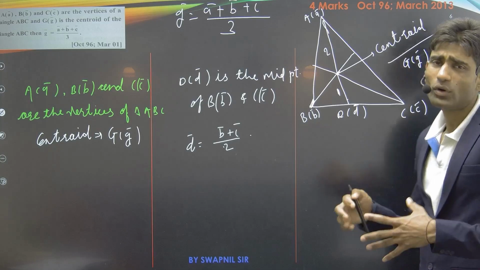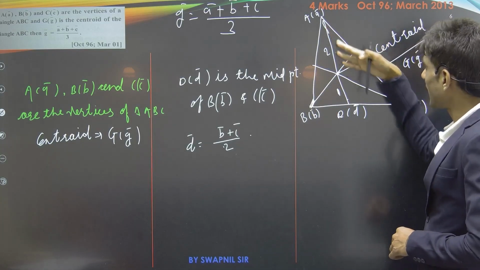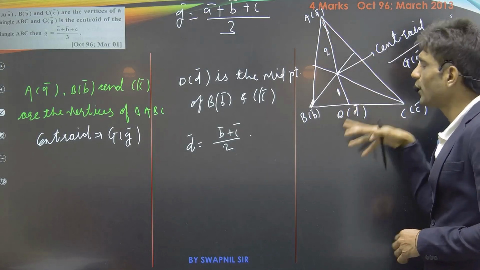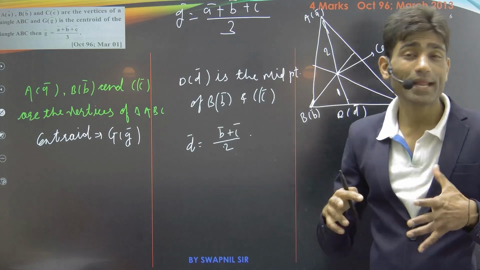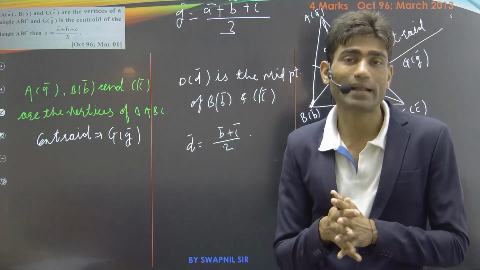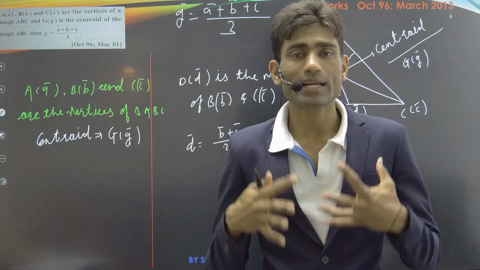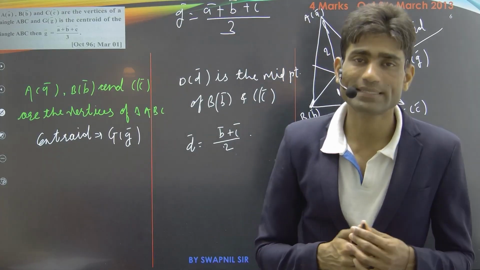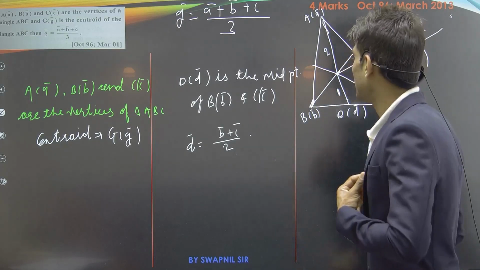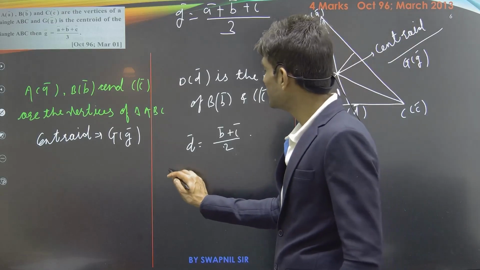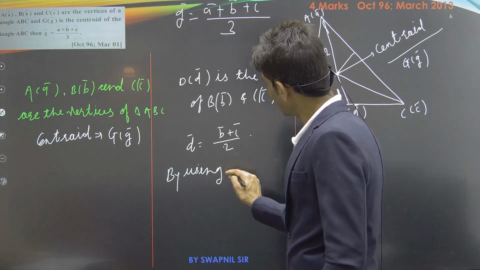And one more condition: as we can see, our angle bisector of the triangle, which is A of A bar to D of D bar, divides our triangle internally. Then we can easily use the internal division formula from the section formula.